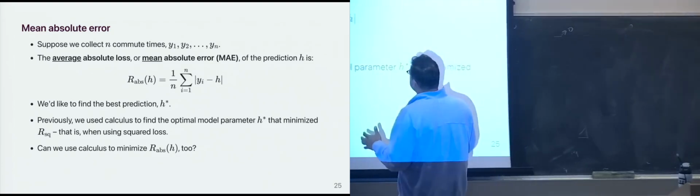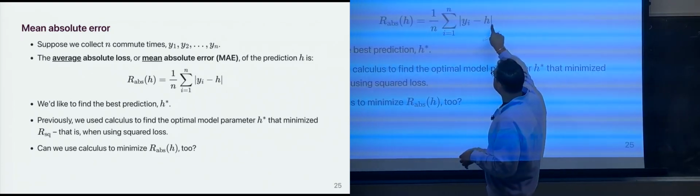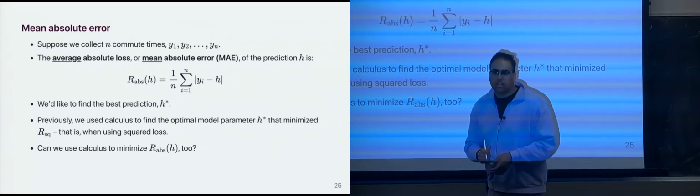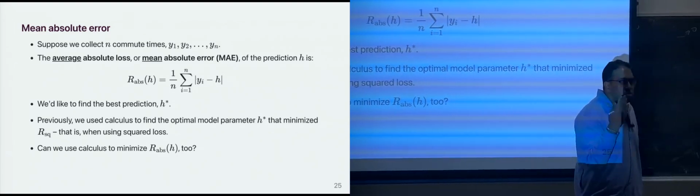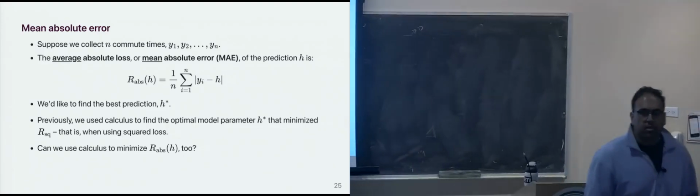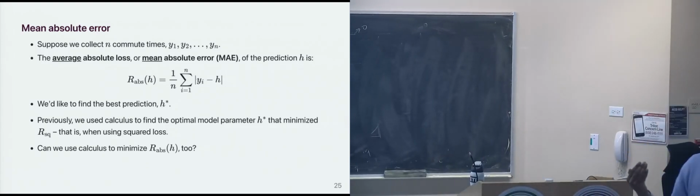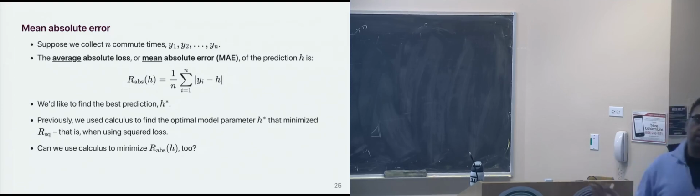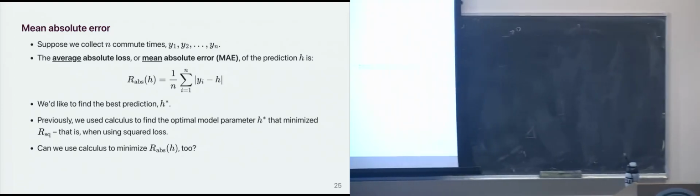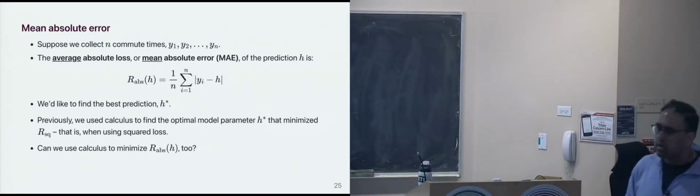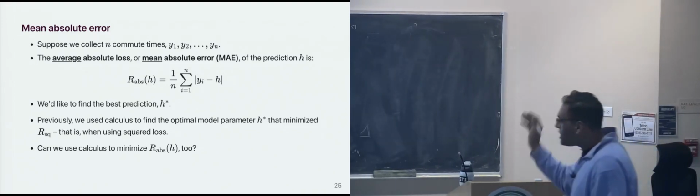All that's different is instead of actual minus predicted squared, it's absolute value of actual minus predicted. And so the question is, what is the new h star? We already know it's not going to be the mean, because the mean of those data points was 80, but we found a different h that had a lower mean absolute error. So there must be some other formula for the best prediction when you're using absolute loss. But what I want to do is find what that new best prediction is. Sound okay? And so to do that, we have to minimize mean absolute error.